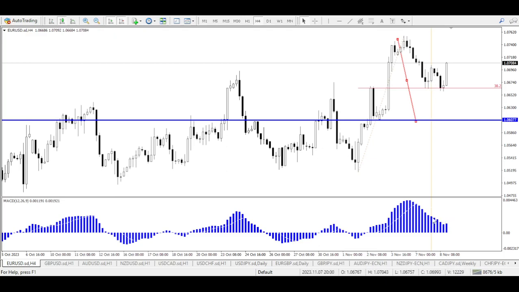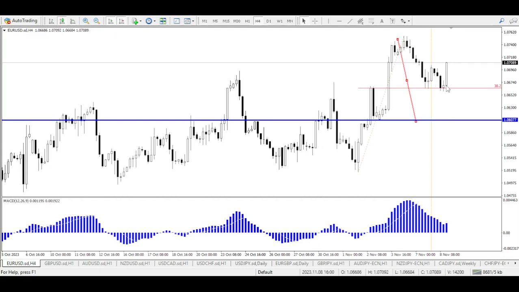However, if you look, the histogram was not bigger in size, it was smaller than the previous. So every histogram from here was smaller than the previous histogram, which was simply suggesting still weaker price action. So that's why it was not suggested to take a buy position here, despite there being a bullish engulfing candle.